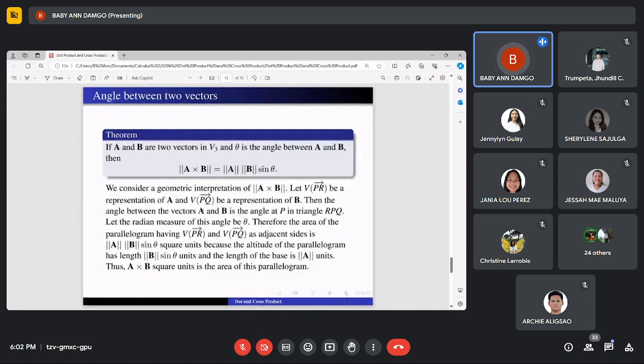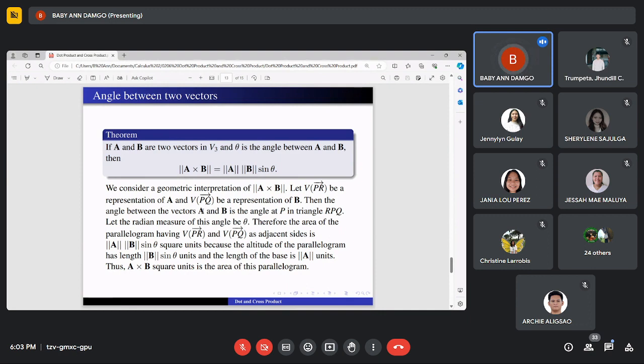Okay, so now we have the angle between two vectors. If A and B are two vectors in the three-dimensional vector space, and theta is the angle between the vectors A and B, then the magnitude of A cross B is equal to the magnitude of A times the magnitude of B times sine theta.